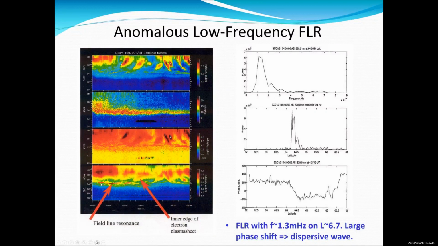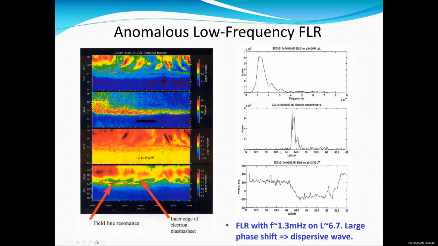If you look in the 6300 angstrom emissions, you see evidence of the field line resonance, which is near the peak in the emissions produced by pitch angle scattering. So this field line resonance is located in the region of proton precipitation, which is itself an indication of strong tail stretching, even though we're at L equals 6.7 on the night side.